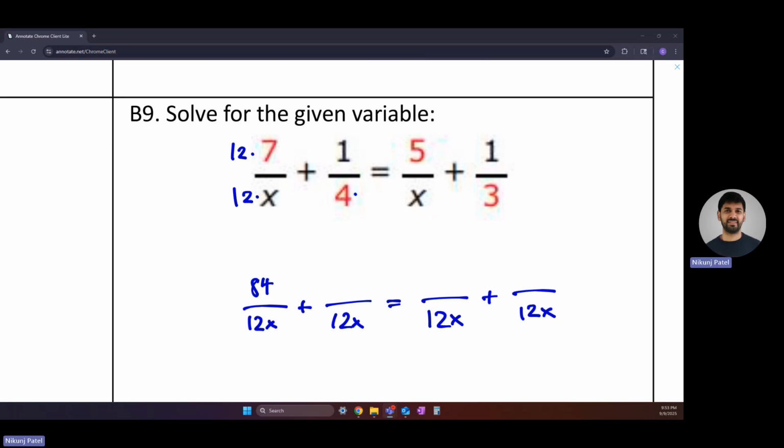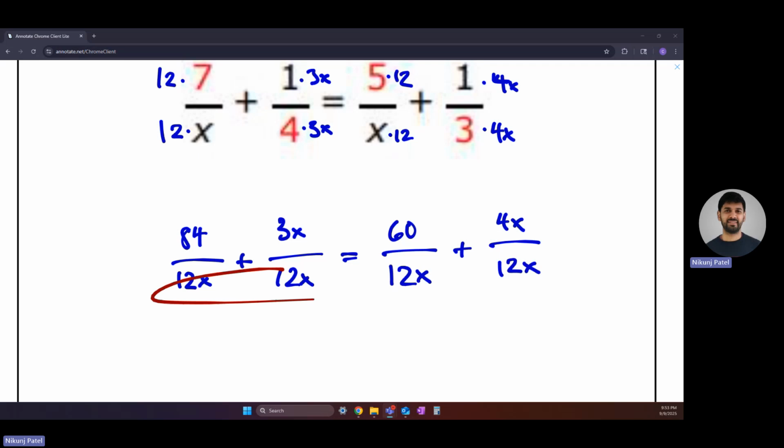Or we turn this into times 3x, so times 3x up here, so we get 3x. This is a times 12, so 60. Or this is a times 4x, so 4x goes up there. And now we have these guys, we can ignore them.